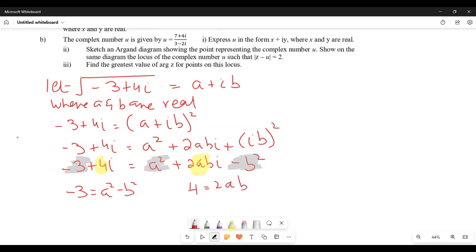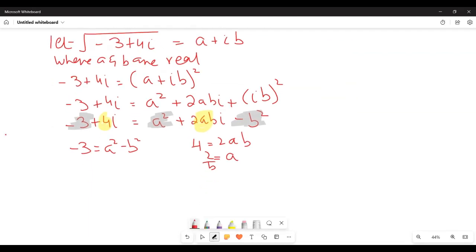I'm going to say that a is 2 by b, and substitute this in the other equation. So -3 equals (2 by b) whole square minus b square. So I'm getting -3 equals 4 upon b square minus b square.